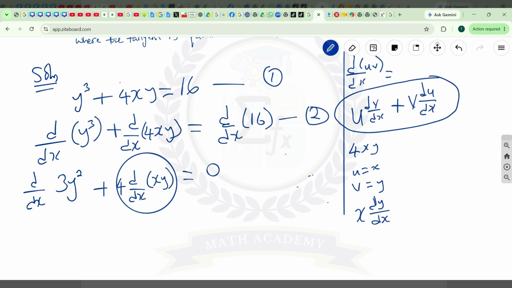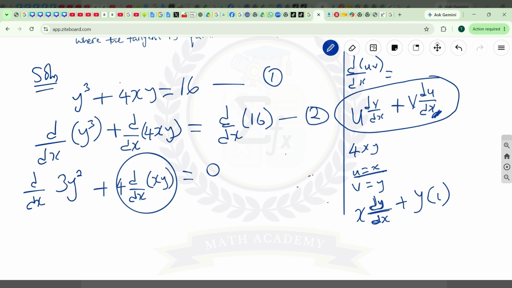Plus v, which is y, times du/dx. du/dx says I should differentiate x, and if I differentiate x, I'm going to have 1.